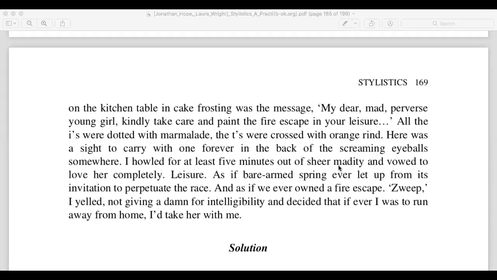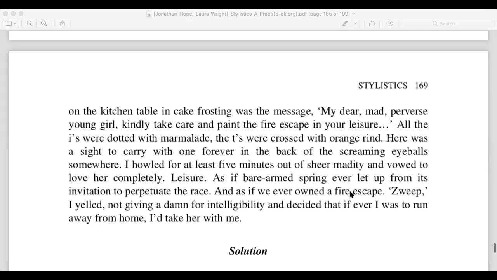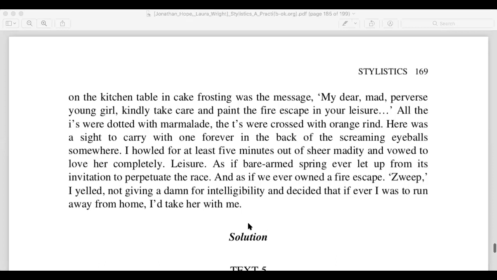That he was shouting for 5 minutes, and it was just out of madness that he was doing it. There's also a word busture.